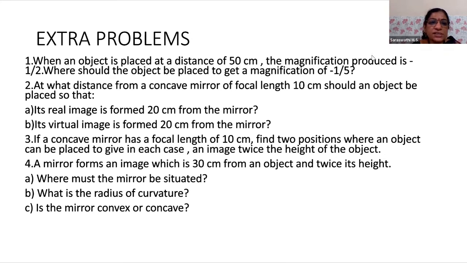So what is constant in this problem? What will not change in this problem? u will not change? No, u will change, ma'am. But the magnification is changing, so the image distance will accordingly change. So what is going to be constant for that mirror?